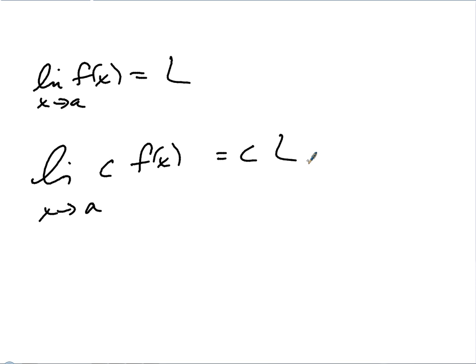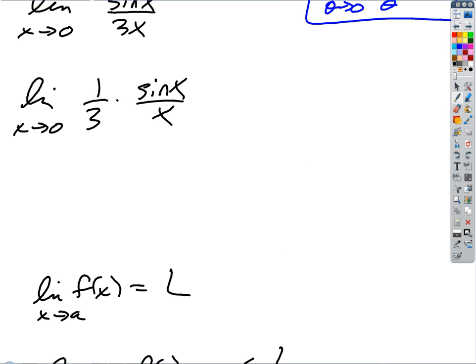This is an important one. If I've got a constant times a limit, I can always pull the constant out of the limit. Let's say that again, because I'll say that a billion times this year: we're going to pull the constant out front of the limit. That's handy to do. We're going to do stuff like that in calculus all year, and it's a great technique. It doesn't seem like much right now, but you'll learn to love it later.